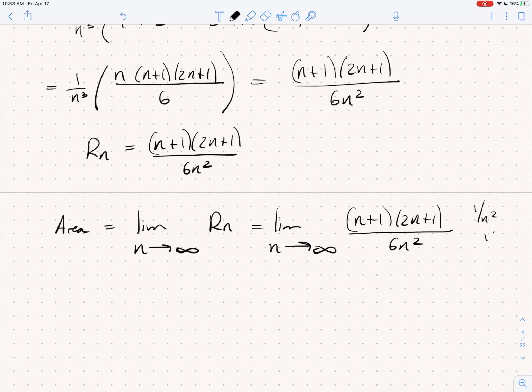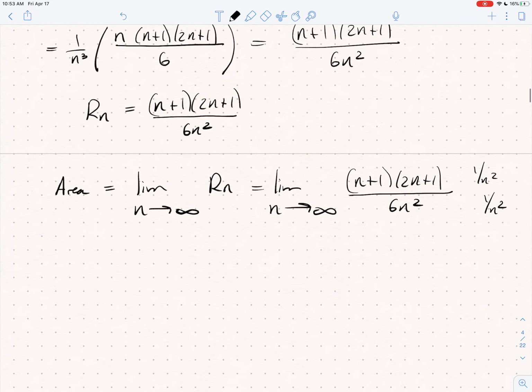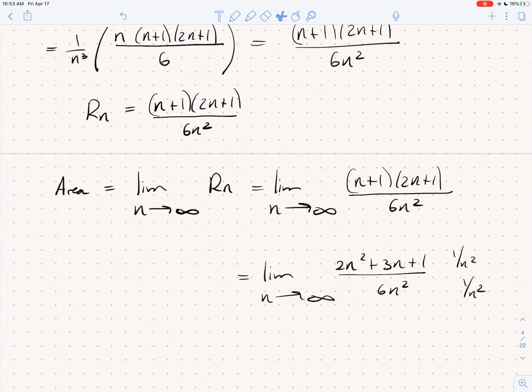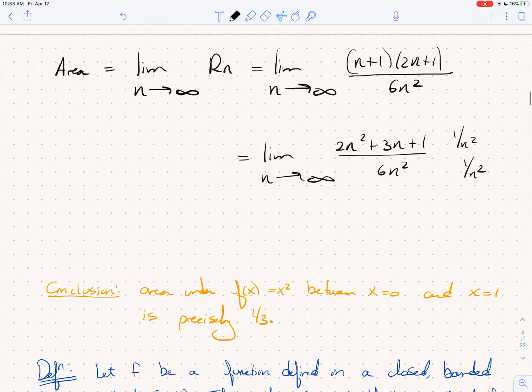I'm going to do it the old way, where we just divide out by the highest power of the variable downstairs. And so I'm actually going to expand. Let me rewrite this. I'm going to expand the numerator out and write this as 2n squared plus 3n plus 1 over 6n squared. Let's actually move this guy downstairs. There we go.